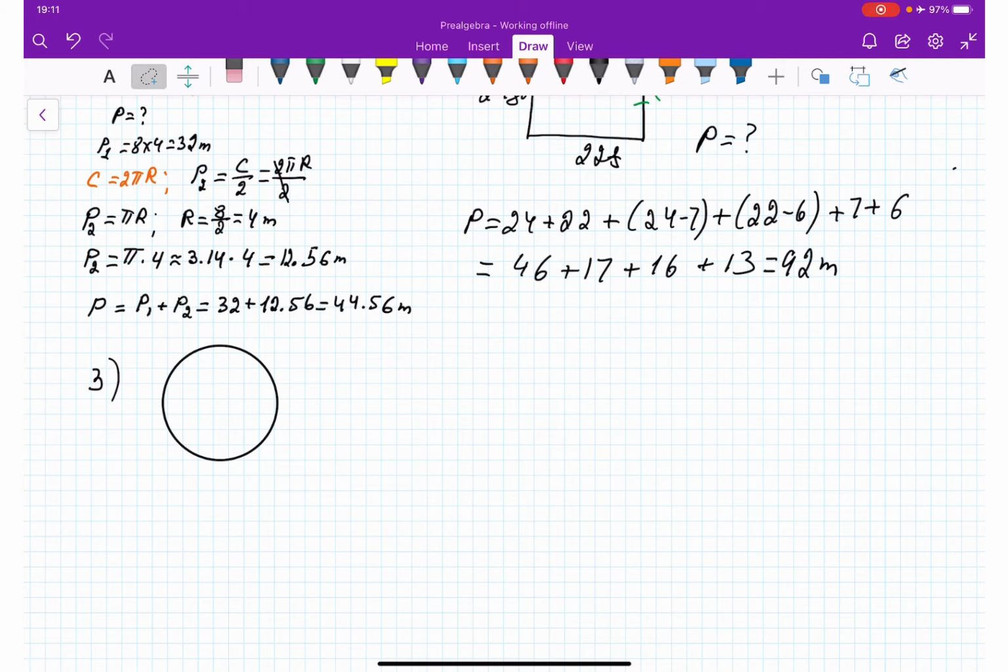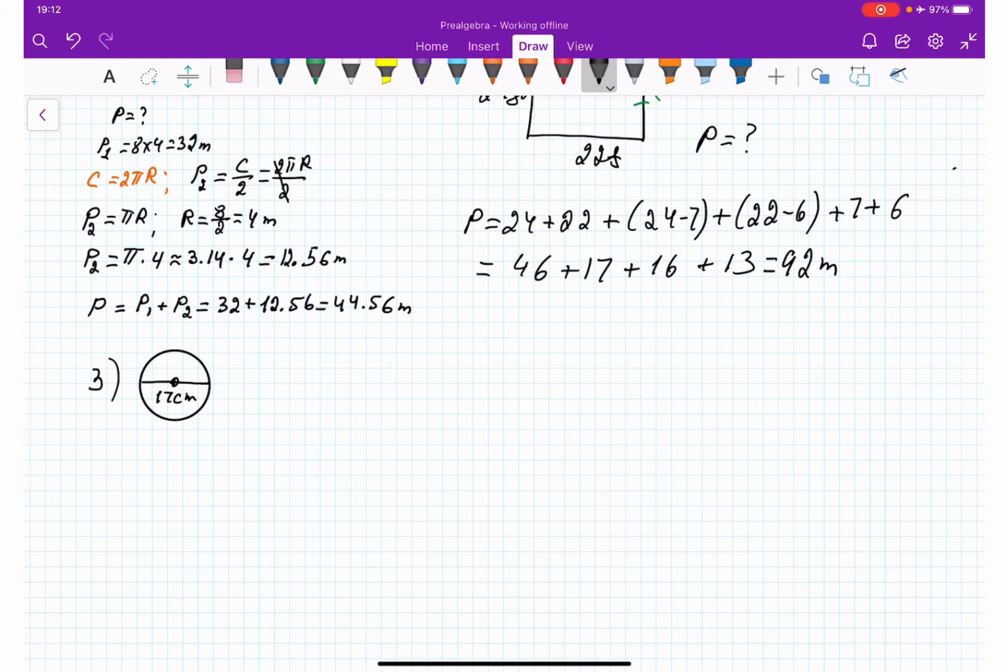I'm going to make it smaller. We don't need it this big. And this is our diameter. It is 17 centimeters.